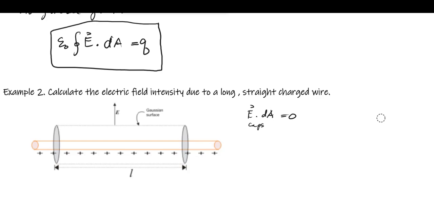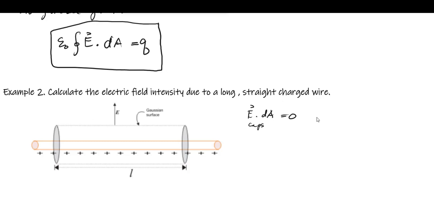And take note that the dot product involves cosine theta. By definition, from your previous physics, E dot dA is just equal to E dA cosine theta. So automatically, E dot dA for the caps is equal to 0.